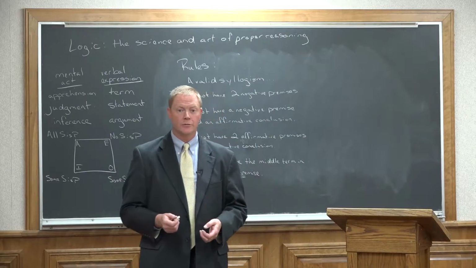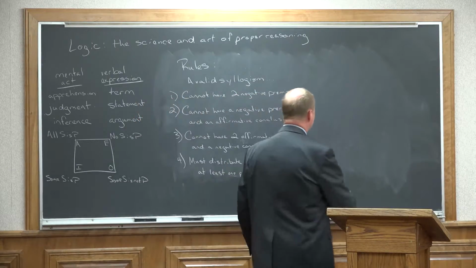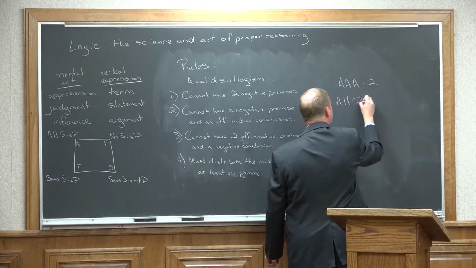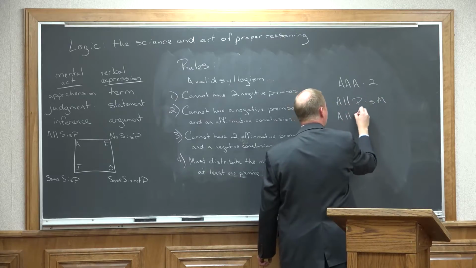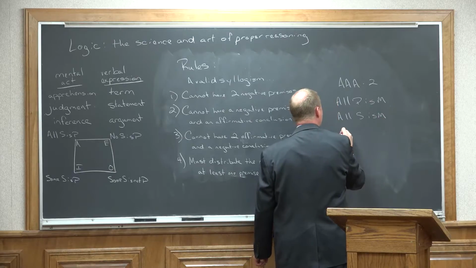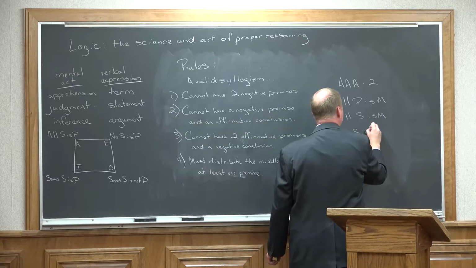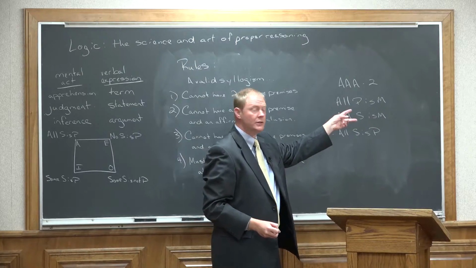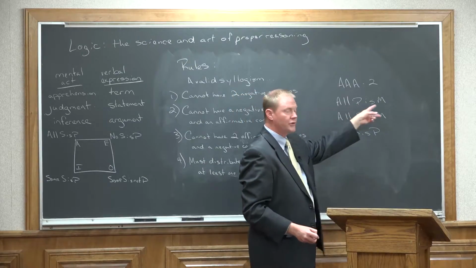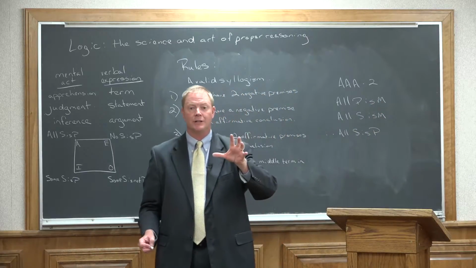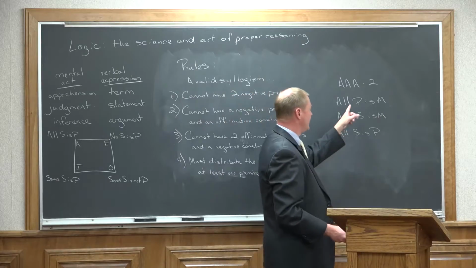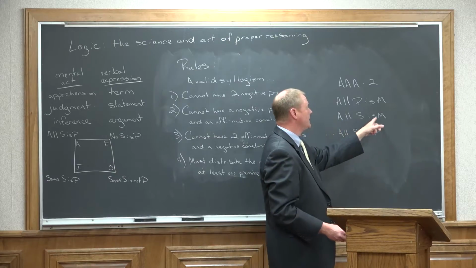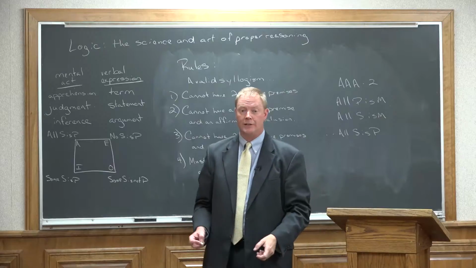I pointed out earlier when we had the AAA2 syllogism, we have all P is M, all S is M, therefore all S is P. And I pointed out to you that these two premises are not connected at all, because in neither of these premises are you speaking of every case of M. In order to make it valid, either you have to have all M is P, or you have to have all M is S. One or the other, but not both.